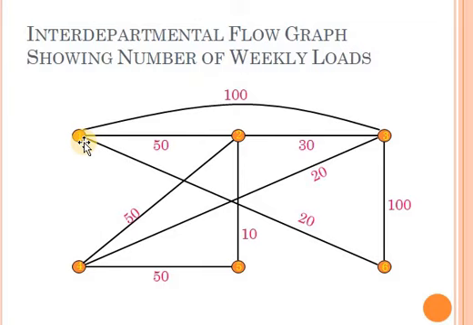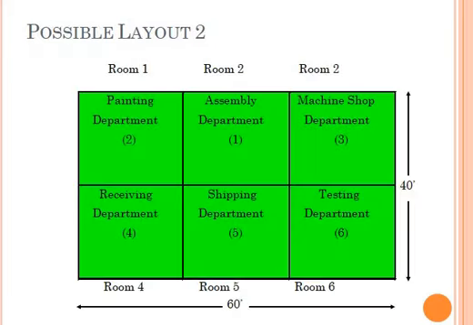You also see that we have some interesting intersecting lines. We have crossing between the lines. This is a possible layout. What if I enhance it? Let's see if I propose another possible layout, how the flow graph becomes. Here I decided that I'm going to switch department 1 and 2. You can see that department 1 becomes in between department 2 and 3, so it's closer.